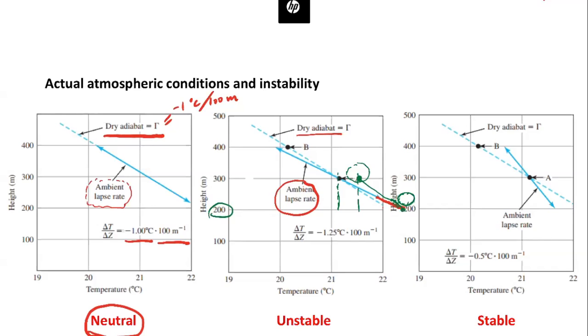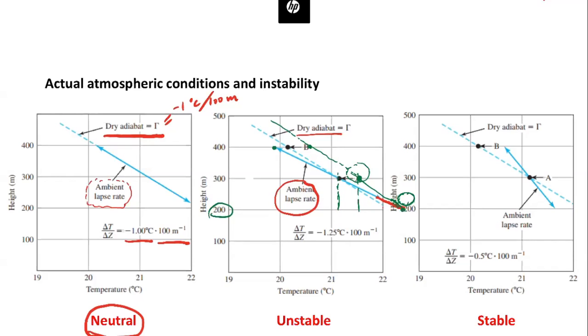Mainly because it's going to have a higher buoyancy there. So if it further rises up to the location at 400 meters, compared against the actual temperature, it's still higher than the surrounding air. So this air will continuously rise up. That's why we call this condition the unstable condition.